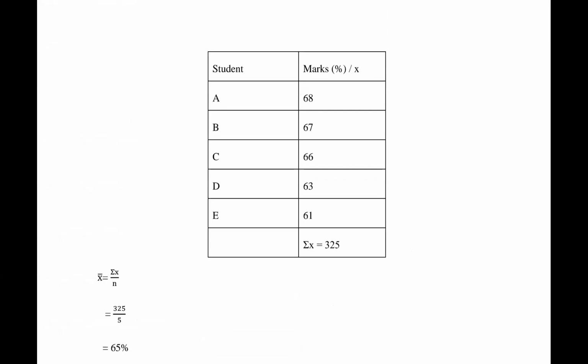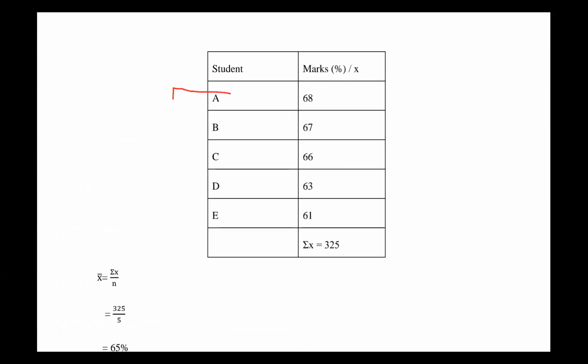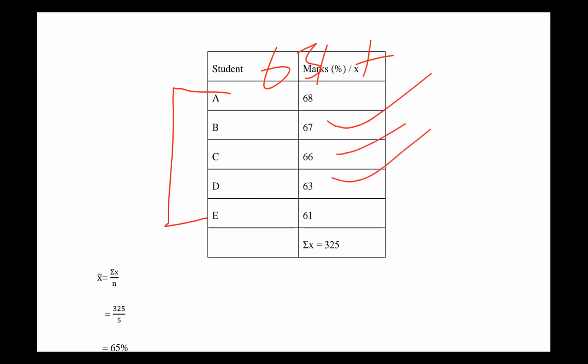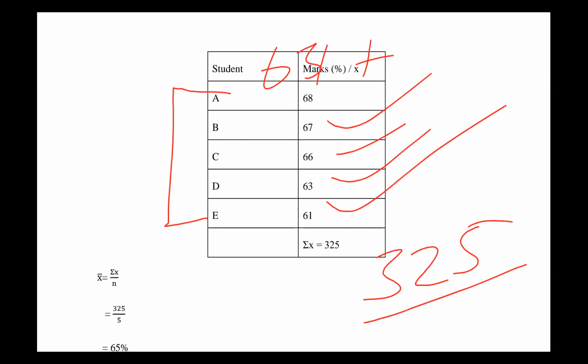These are the marks for the students from student A through to student E. You add them: 68 plus 70, 67 plus 66 plus 63 plus 61. The summation of the X values is 325. You divide that by how many students you have, the individual scores, which are 5.